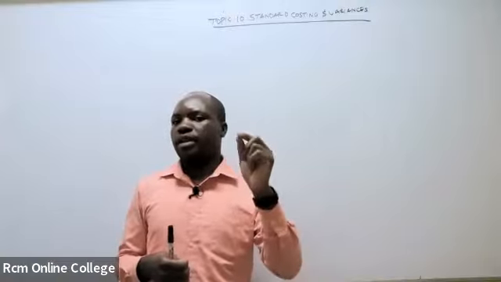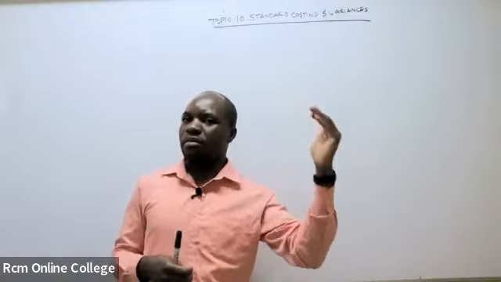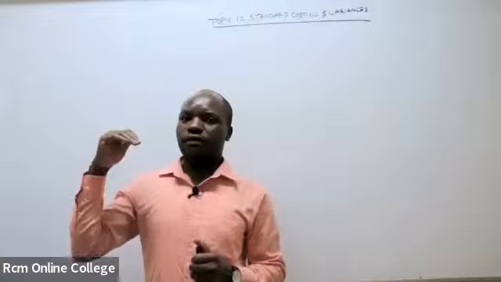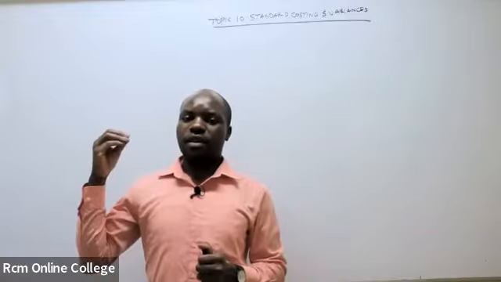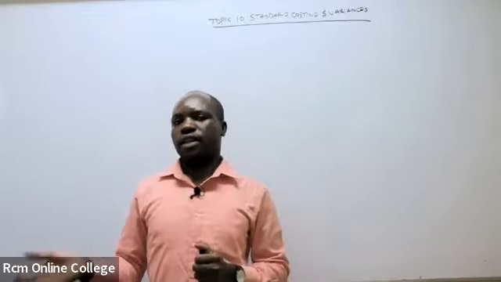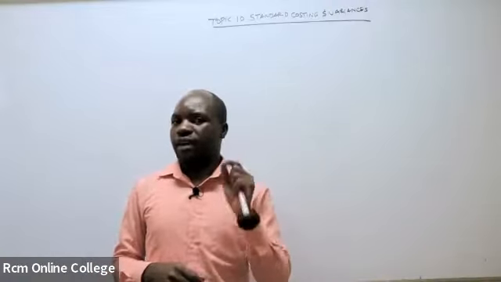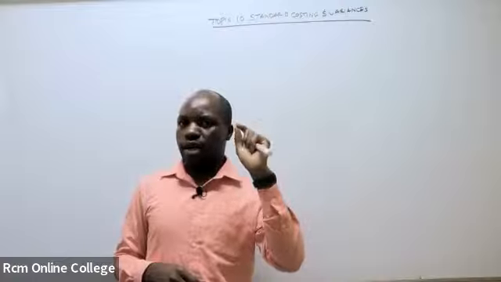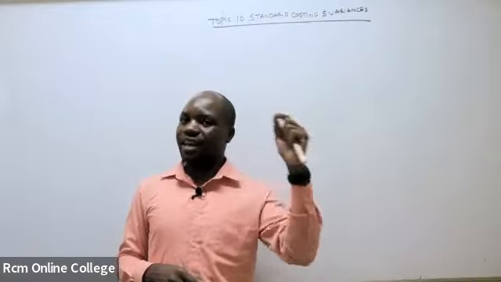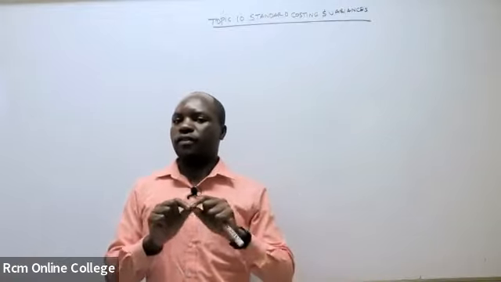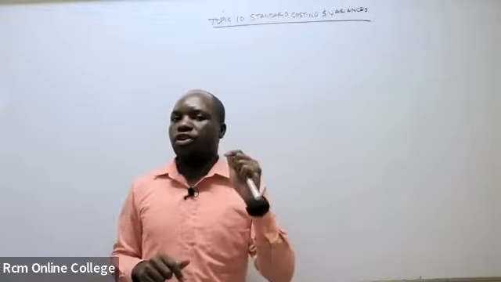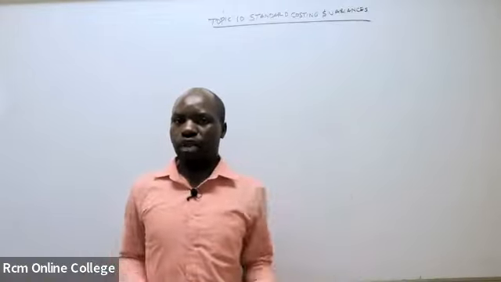Why? The selling price or the purchase price as per the budget is different from the purchase price as per the actual results. And therefore, you will still experience what we call variance. So that variance will be as a result of difference in price, not as a result of difference in quantity utilized. So that's what you're going to do here.